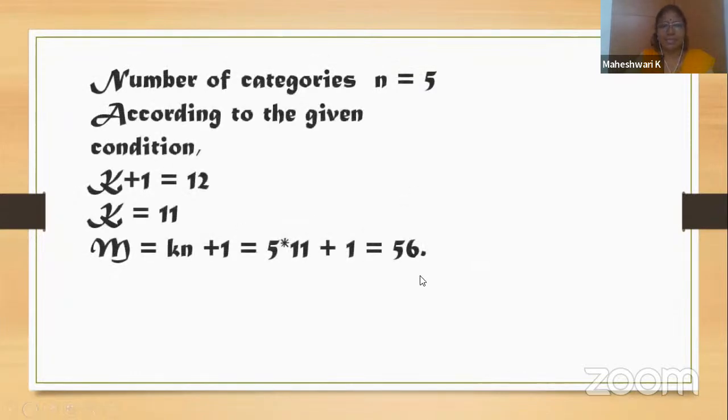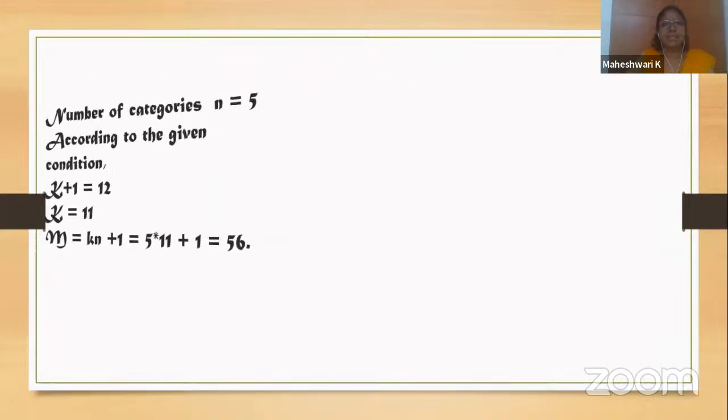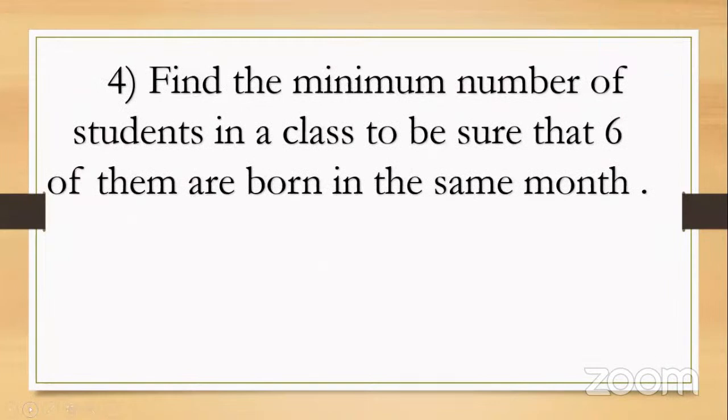If we apply it directly, we arrive at a solution of 56, which does not apply in this particular condition, because we have bounds on the numbers, as rightly said by Soumya. Perfect. Thank you so much.